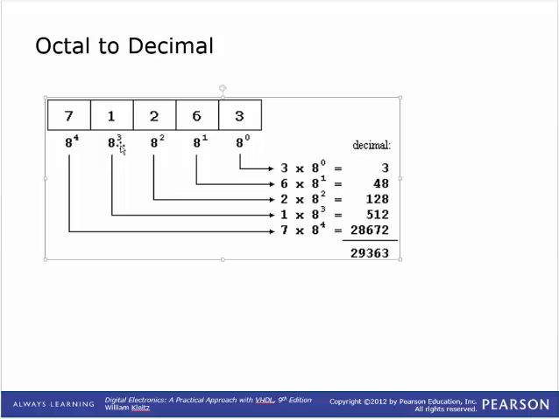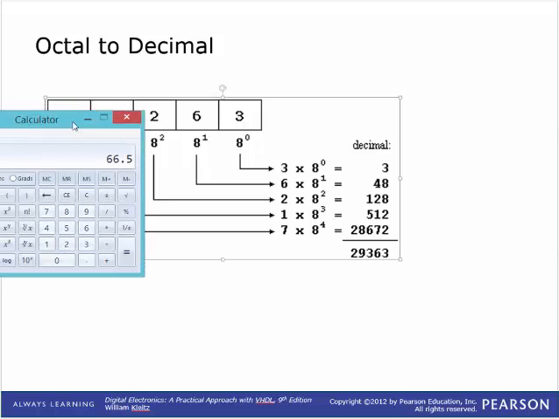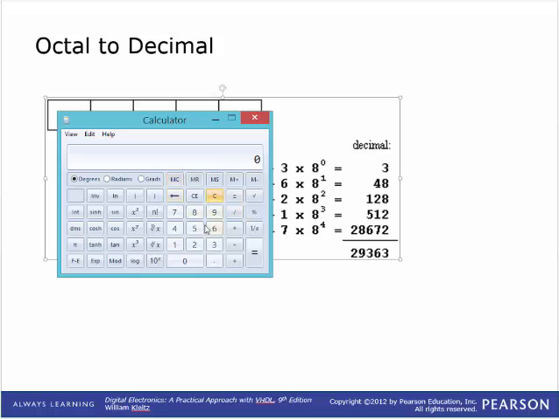1 times 8 to the third power, 8 to the third power is 512. So add 512. And then the most significant digit here is a 7. And then they have 7 times 8 to the 4. Oops, not times. It's 8 raised to the 4th power equals 4096.